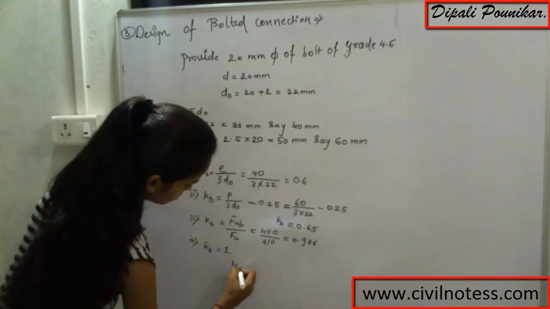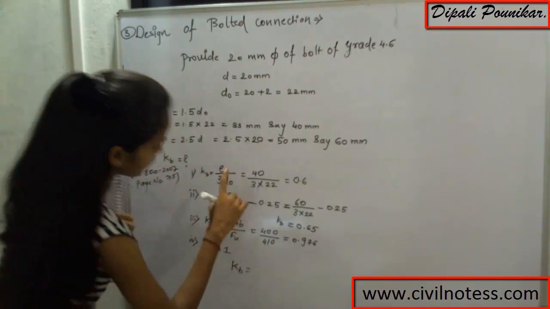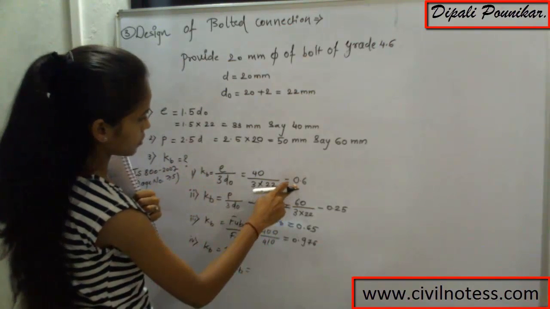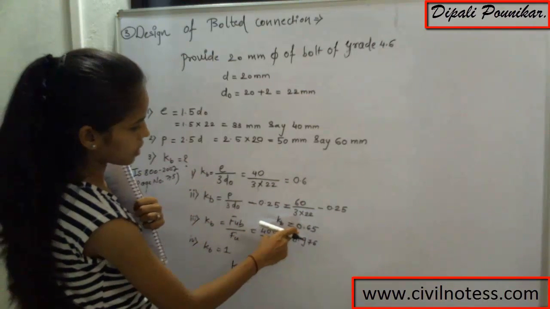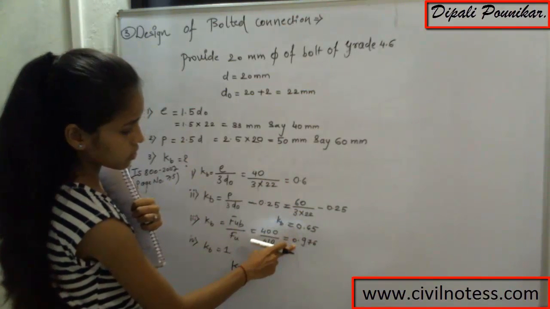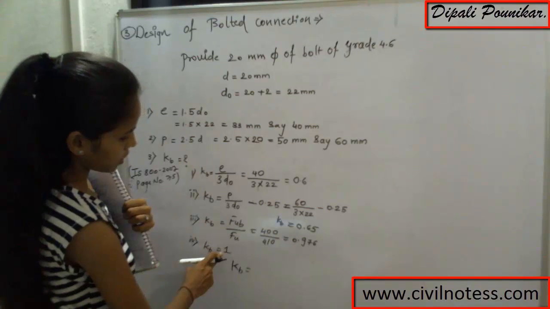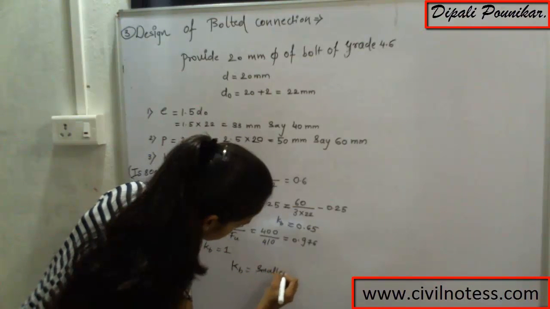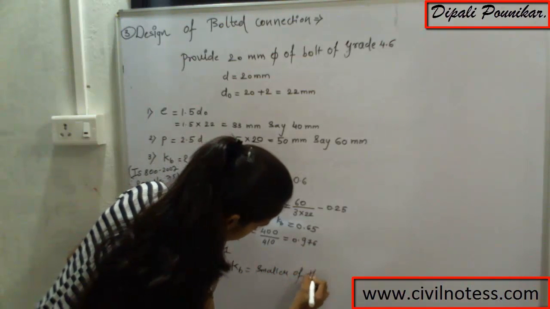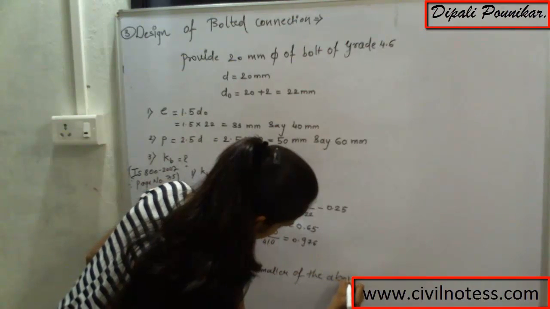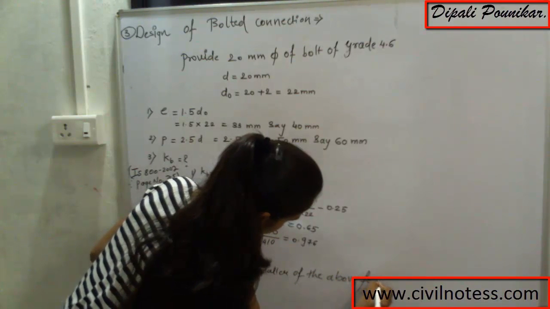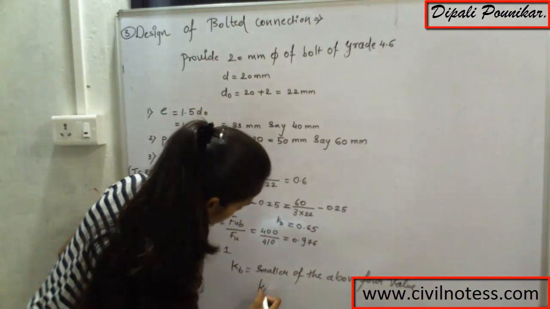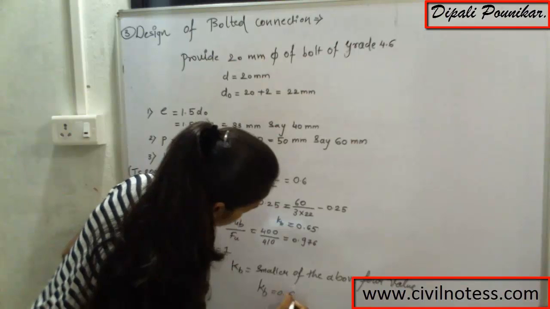So we have to choose the smaller of these 4 values. The first value is 0.6, the second is 0.65, the third is 0.976, and the fourth is 1. So the smallest of the 4 values is kb equals 0.6.